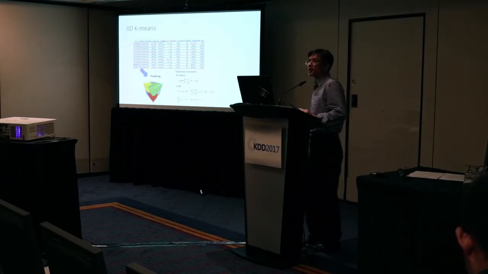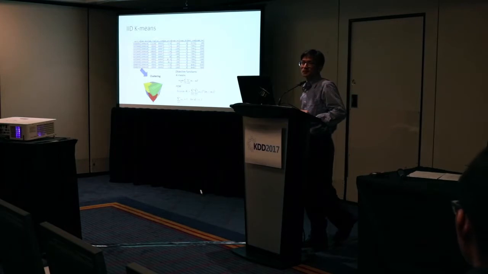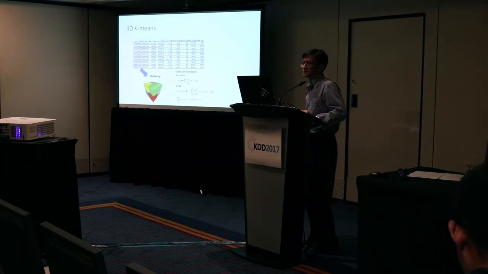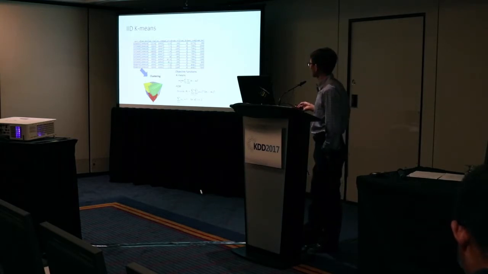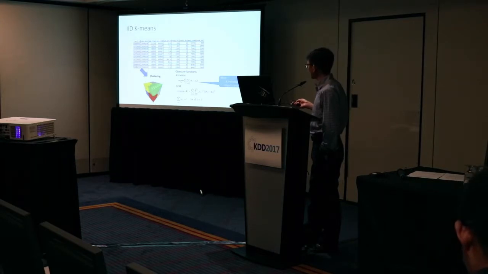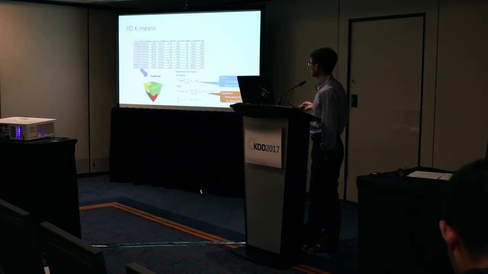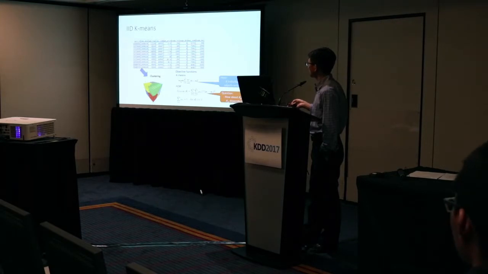So is k-means IID or non-IID? If we look at this objective function, is this IID or non-IID? When we calculate this, xj is independent from others, right? But what if we have two objects, xj1 and xj2, that are dependent on each other?